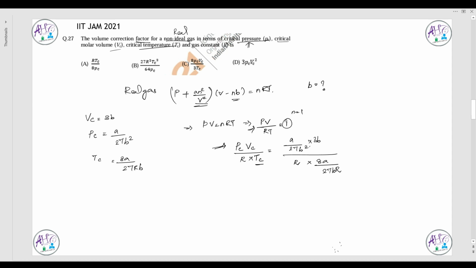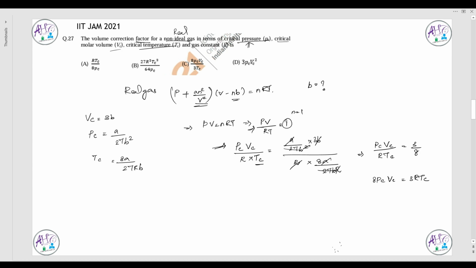Okay. So your b and b will be cancelled, your R and R will be cancelled, again your a and a will be cancelled, and 27b can be cancelled. So what remains? PcVc by RTc will be equal to 3 by 8. If you rewrite, this can be rewritten as 8 PcVc equal to 3 RTc.